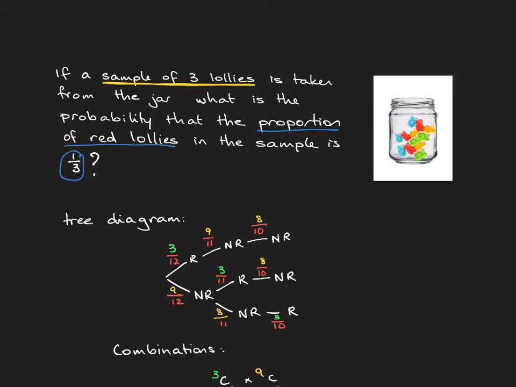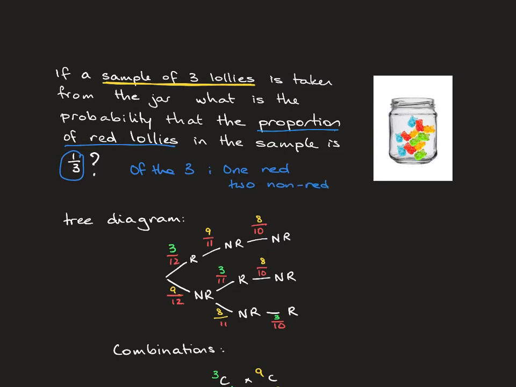What that means is, of the 3 that we select, what is the probability that it contains one that is red? And that means if one is red, then the other 2 are non-reds.